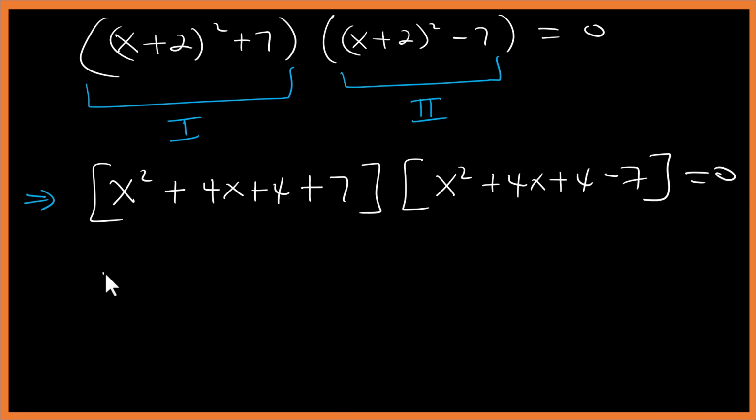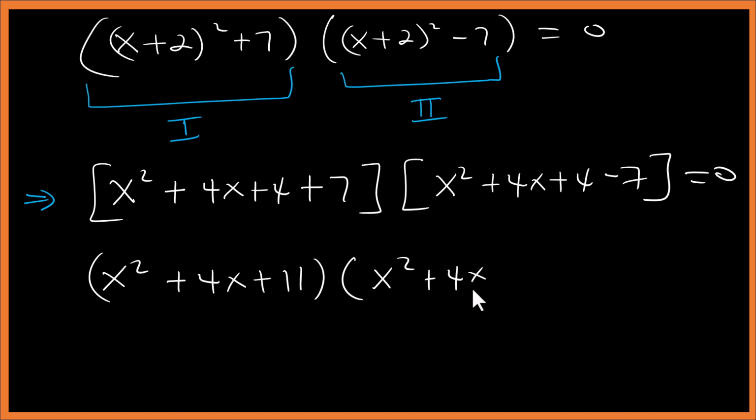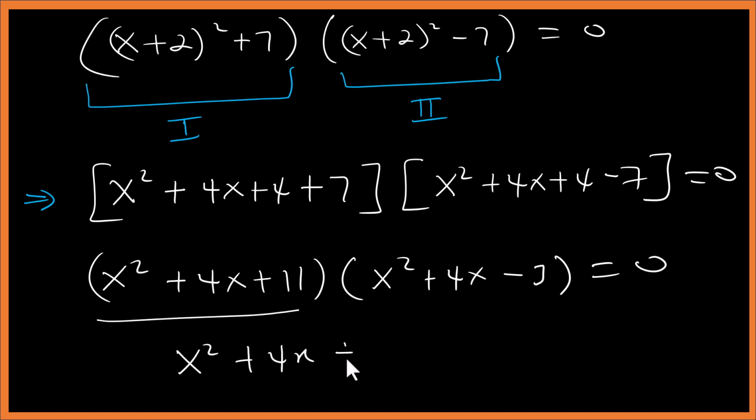So we have x squared plus 4x plus 11, and we have x squared plus 4x minus 3 equal to 0. So let's look for the solution for the I. That is x squared plus 4x plus 11 equal to 0, or x squared plus 4x minus 3 equal to 0.